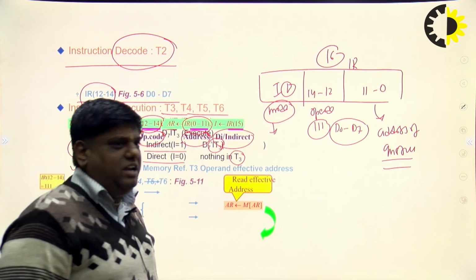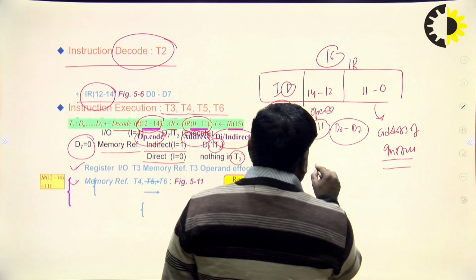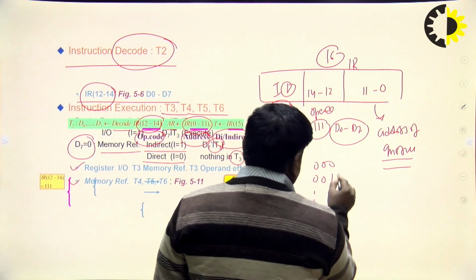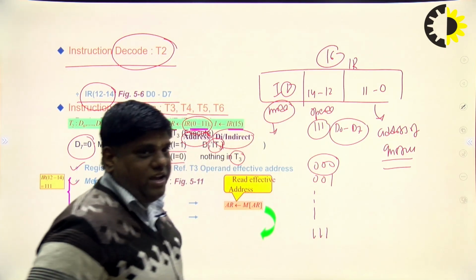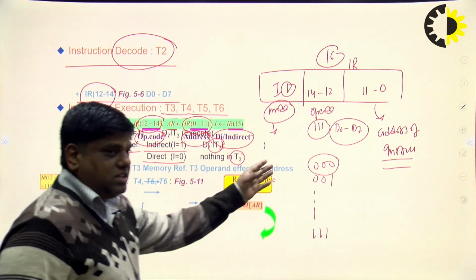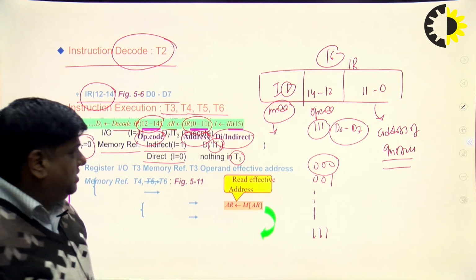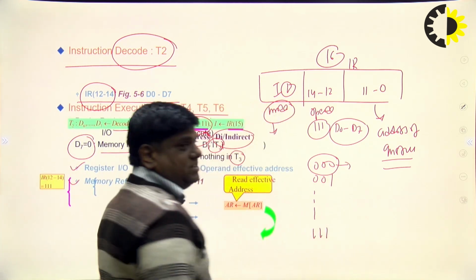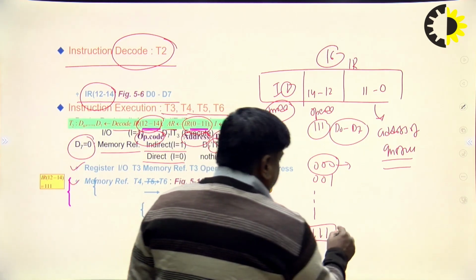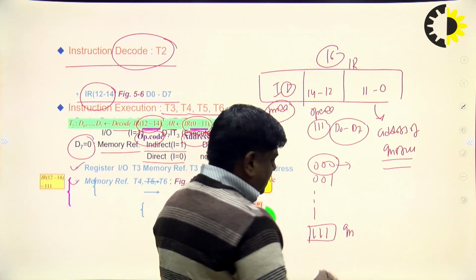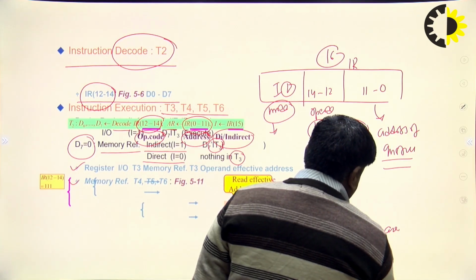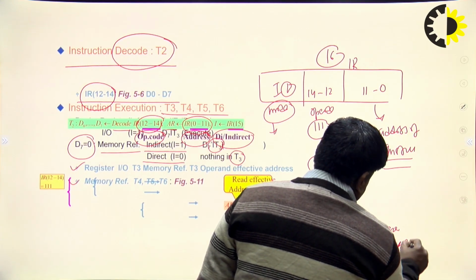What is the value of D? Let's check. Now 000, 001, and so on up to 111. It means for these values the instruction is executed with a memory reference, and only for the last value the instruction is executed as a register reference or IO reference.